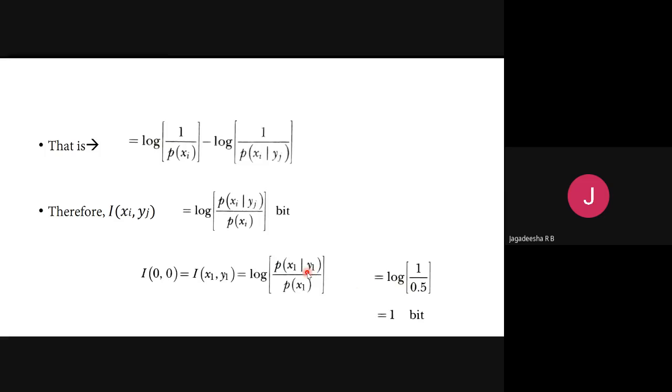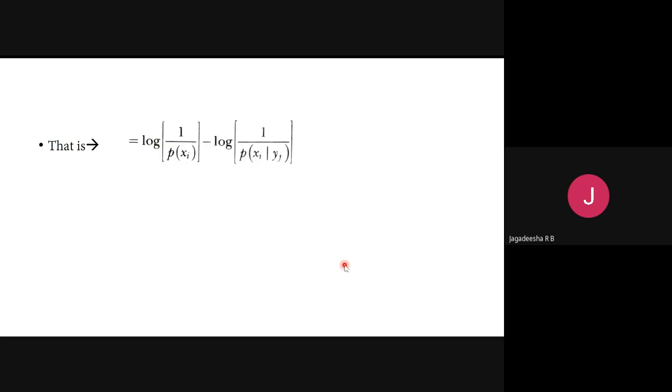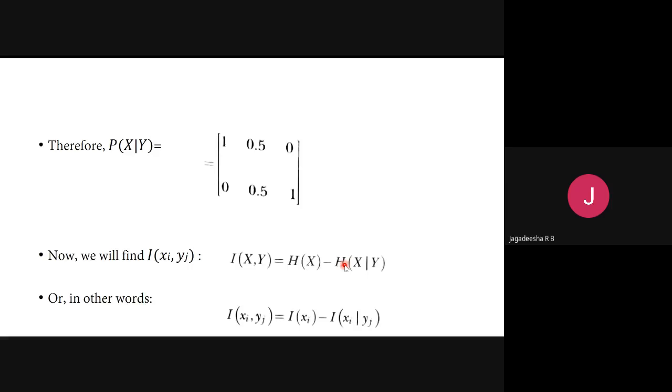So this value comes from the conditional probability matrix P(x|y). Maybe you can go back and check. Yes, this matrix gives us the different elements here: x1 y1, x1 y2, x1 y3, x2 y1, x2 y2, x2 y3. So those values we will be substituting.